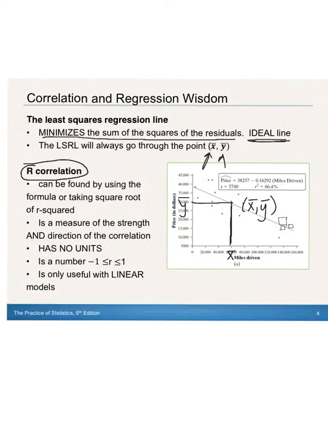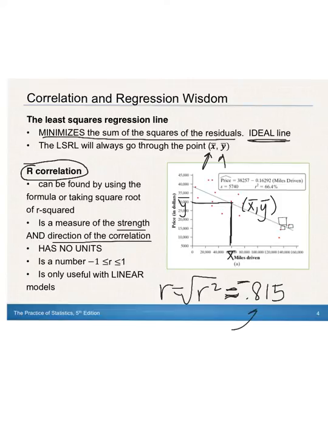We'll make sure that your calculator is set to give you that R. If you don't have it though, and it just gives you the R squared, you can go ahead and find the square root of R squared, and that will give you the value for R. Then, of course, you have to look to see the direction. Here R is approximately 0.815, and obviously this one is heading in a negative direction, so you have to pay attention to the direction. But the R gives you both the strength and the direction of the correlation.